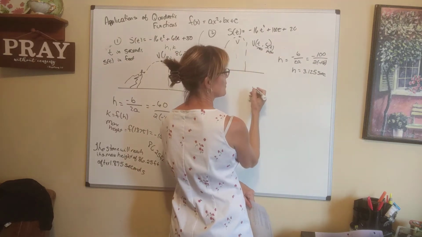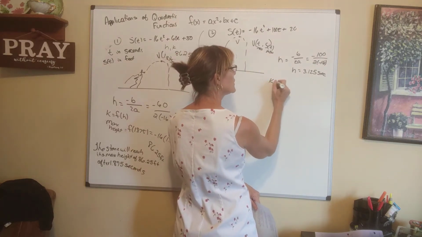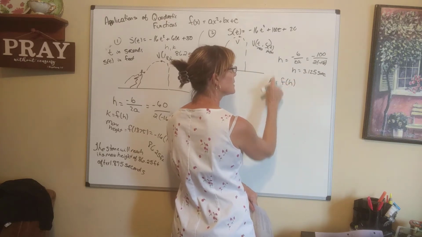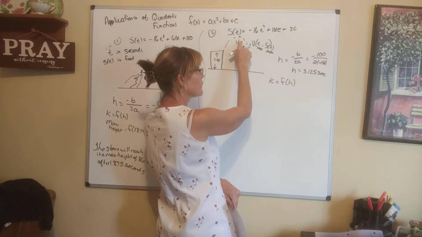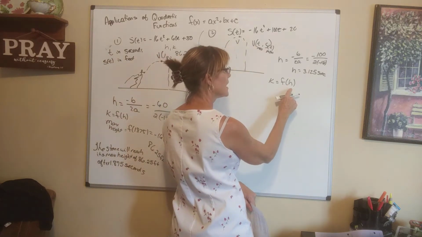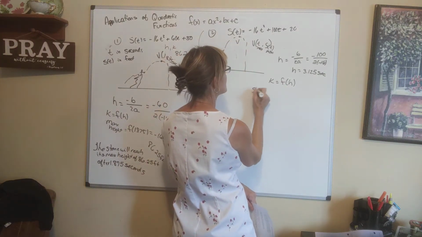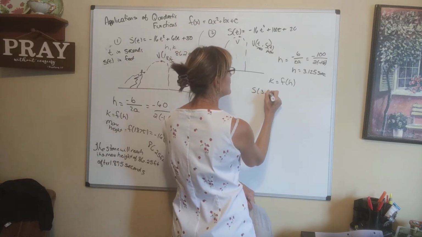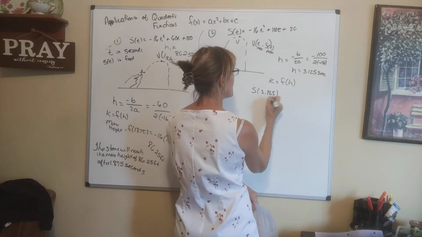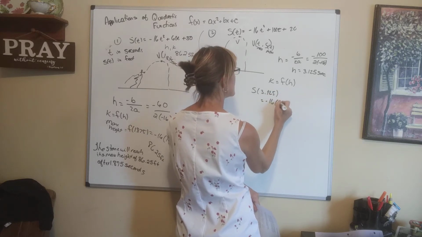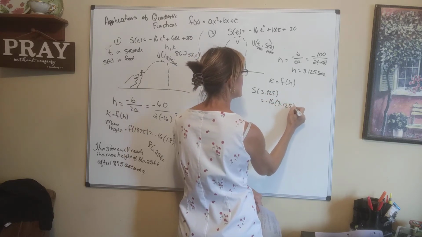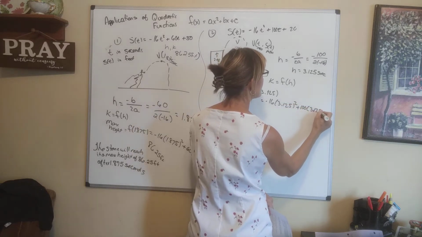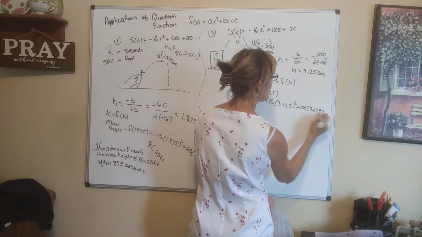What is the maximum height? Well, in general, k is equal to f of h. So the maximum height, the k value of the vertex, is going to be when you plug in that h value. So what is s, which is our function name, of 3.125? Let's see, that's going to be negative 16 times 3.125 squared plus 100 times 3.125 plus 20.